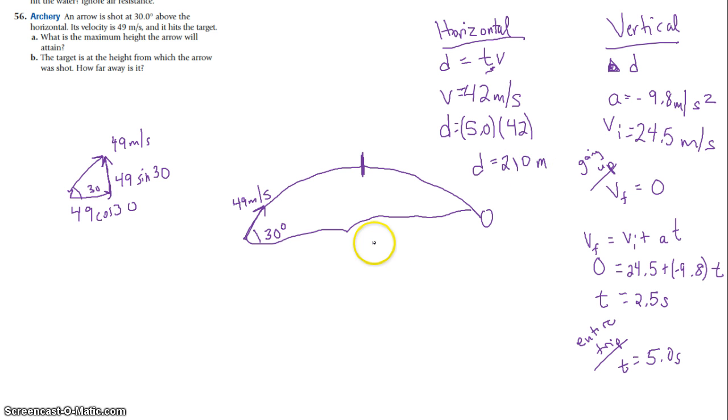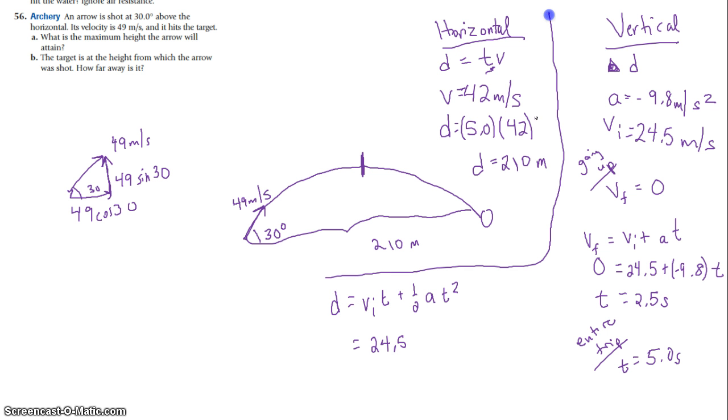And for my vertical height we can use my distance formula, d equals vi t plus 1/2 at squared. We know my initial velocity was 24.5 in that direction. Remember, this is vertical, even though I'm writing it over here.